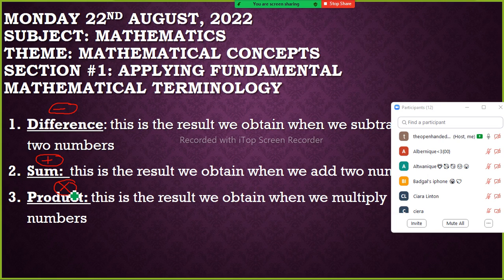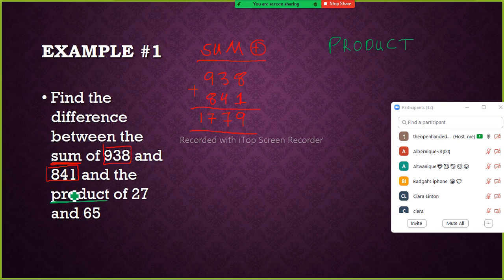All right, so when we say product, we have to actually multiply these two numbers, okay? So we're looking for the product. The two numbers that we're going to multiply are 27 and 65.